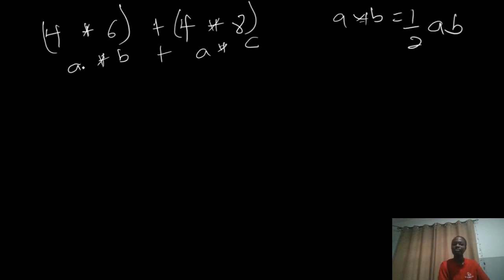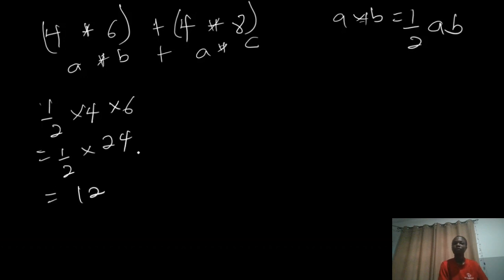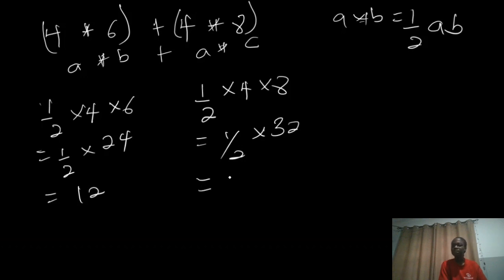So for a star b, we are going to get 1 over 2 times 4 times 6, which is half of 24. So we are going to get 12. Then here we are going to get 1 over 2 times 4 times 8, which is 1 over 2 times 32, or 32 over 2, which is 16. Now if we add the 12 plus 16, you realize that we are getting the same answer as 28.